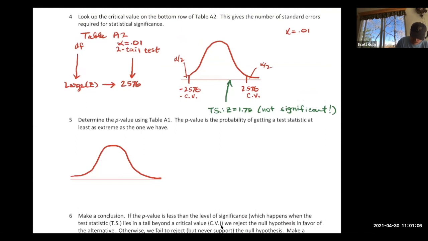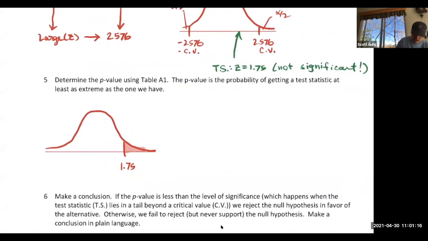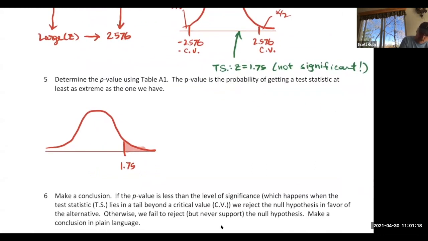Find the area of the tail here. Lots of ways to do this. But if you go to table A1 and you go for your Z-score, you go down to 1.7 and then 0.05.